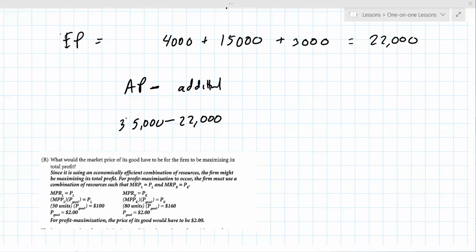So MSP equals MSC. So the marginal, the socially, I guess MSC is socially efficient. I think so. It's the cost that society wants. That's what I know.